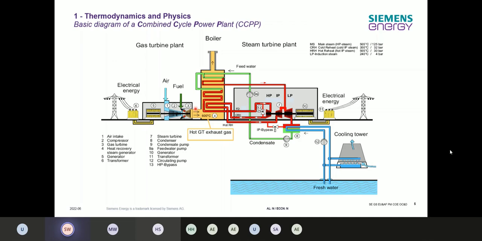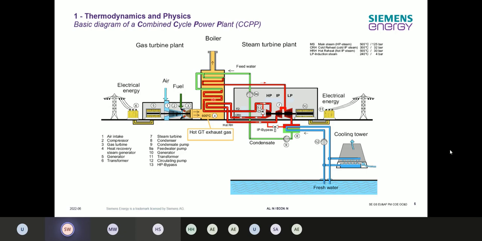On an open cycle, simple cycle power plant, you would now just send these hot exhaust gases into the air. But on a combined cycle power plant, because we have hot exhaust gases at 500, 550, 600 degrees, and there's a lot of energy in this exhaust gas, we will use this energy within the boiler.